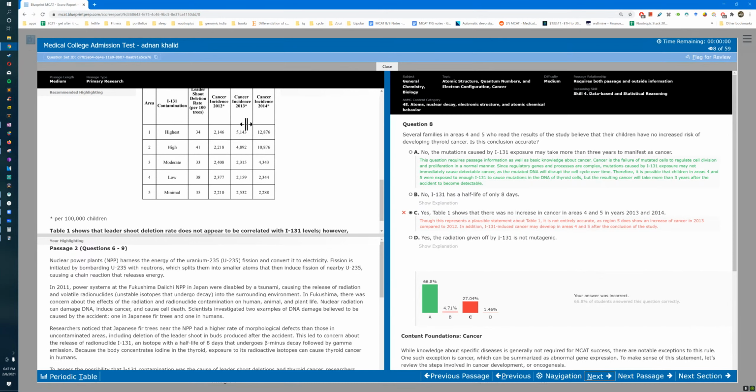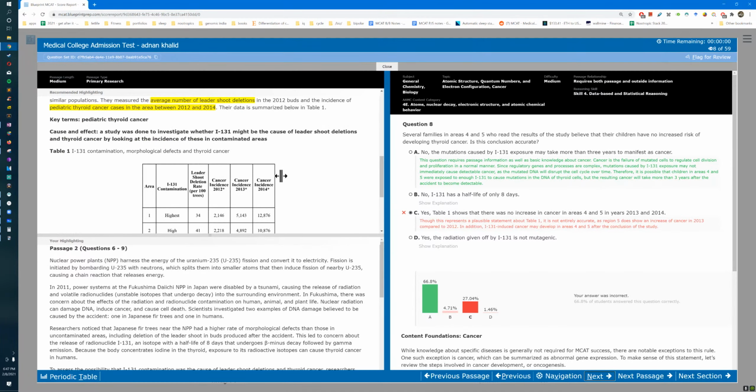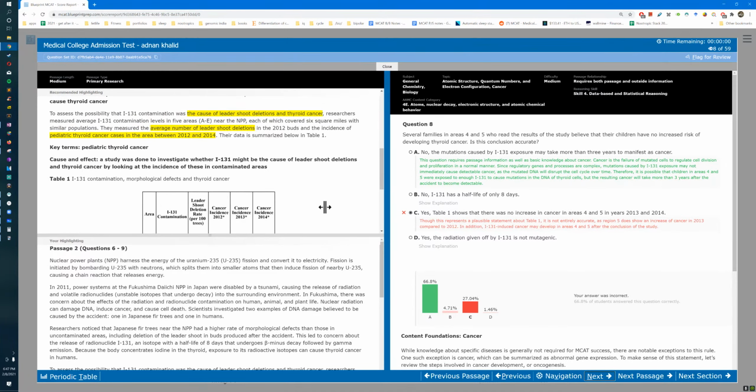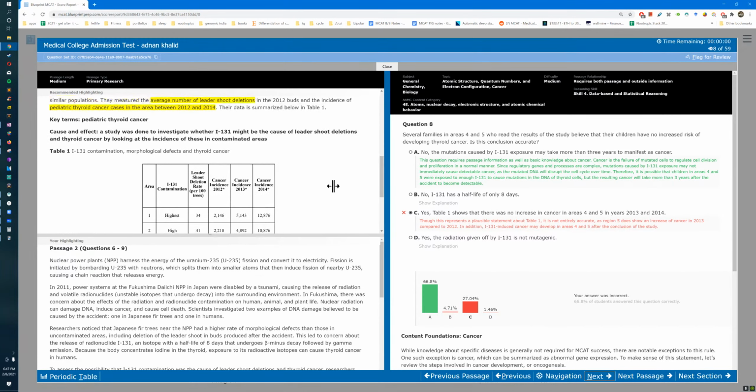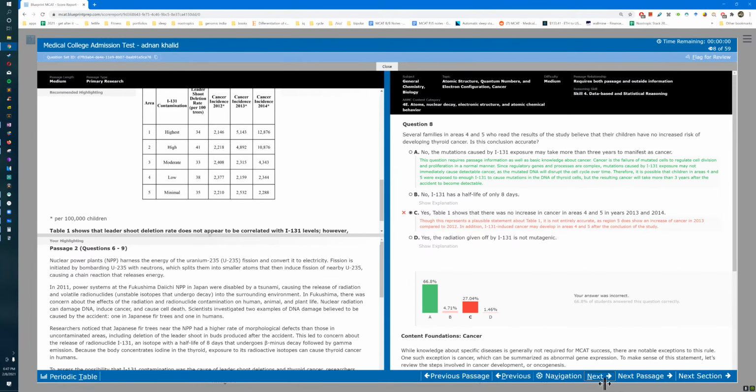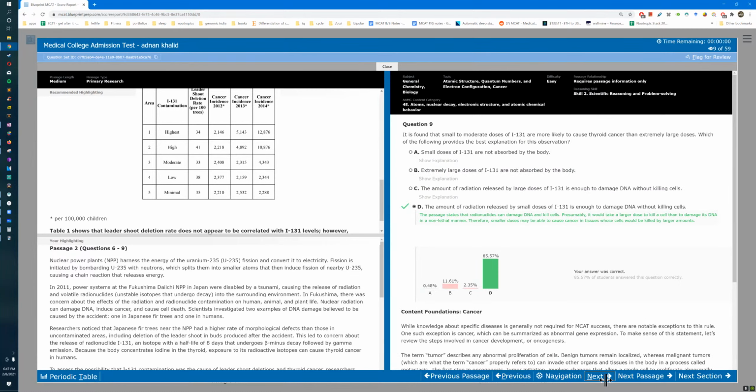This is just 2012, 2013, and 2014, so it could take longer, basically. And also, the gamma radiation from this could just kill the cells first. So maybe, after a while, you'll be able to see cancer come up. More on that later. 9, let's see.